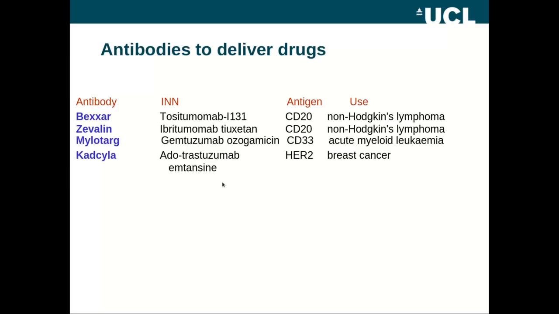In this case, they've actually added the word ADO onto the front of the INN name to help avoid prescribing errors, because they were worried that if somebody just wrote trastuzumab emtansine on a prescription, the emtansine bit might get forgotten about and the patient would just be given normal trastuzumab. And this has the commercial name of Kadcyla.